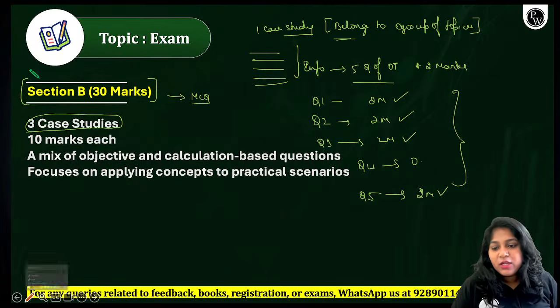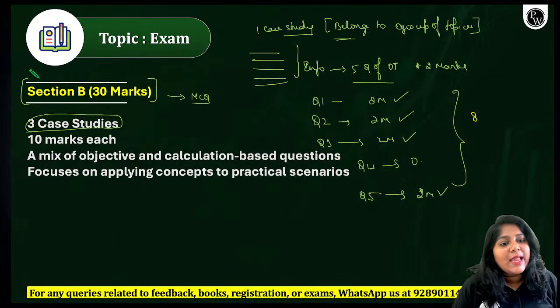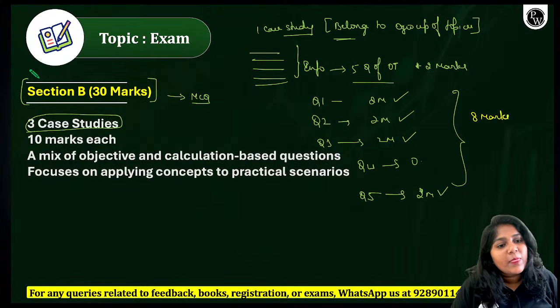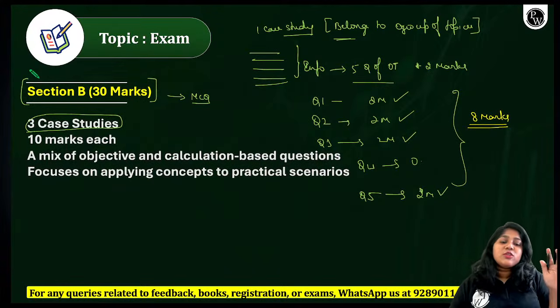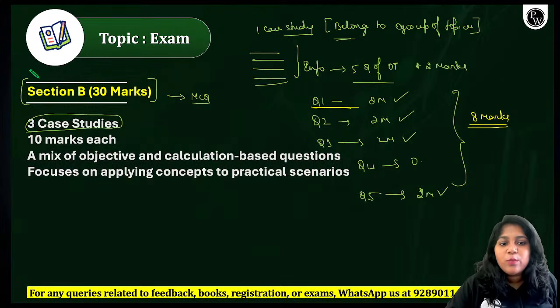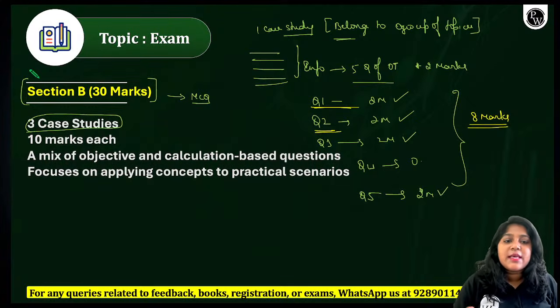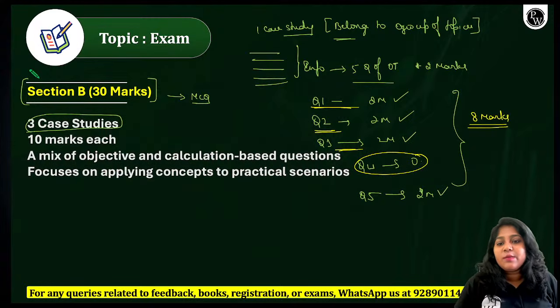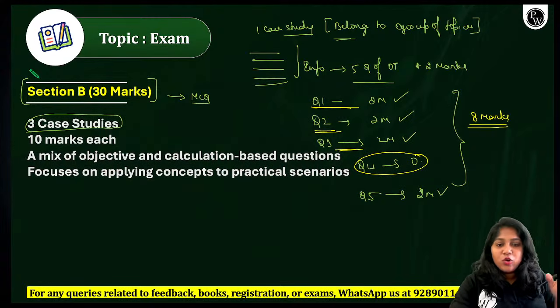Definitely not. It is going to be 8 marks. It is not 0, guys. For that particular question, whatever marks are allocated, that amount of marks you'll still get. Only the question which went wrong will be 0. As I said, each question is 0 or 2.